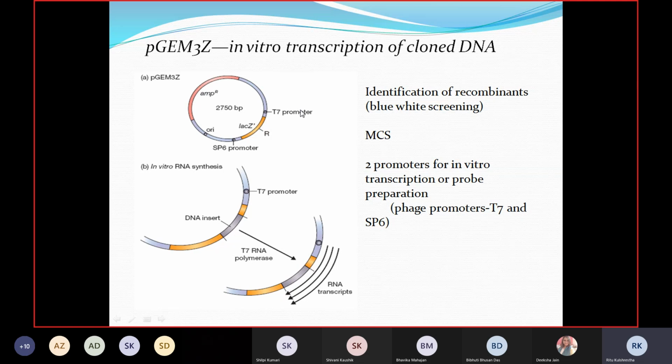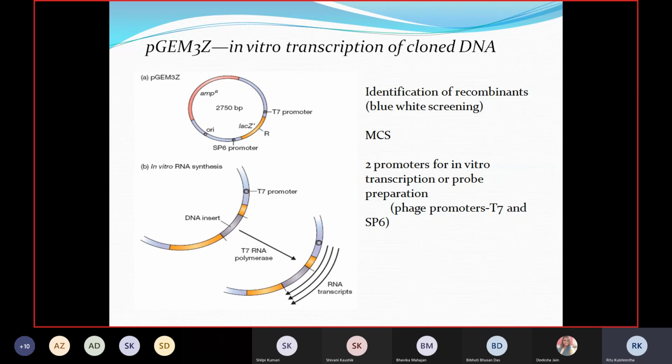Now, if you notice, the promoter regions are derived from bacteriophages. So this T7 promoter is not native to the bacterial genome. It is present in the T7 bacteriophage, and the SP6 promoter has been derived from the SP6 bacteriophage. So why have they chosen these promoters? I had told you in my previous class also that these bacteriophages, when they undergo the lytic life cycle, have to very quickly make their proteins.